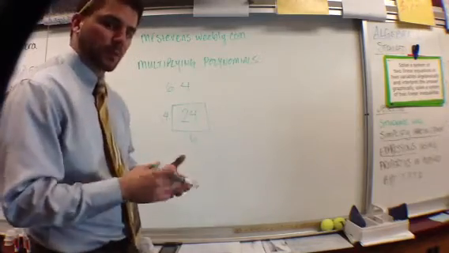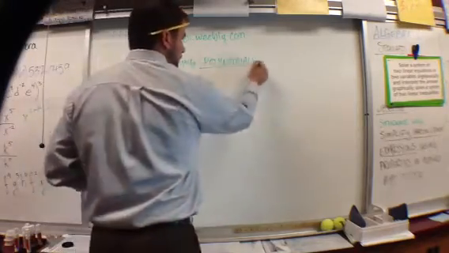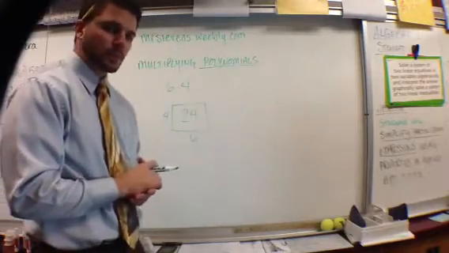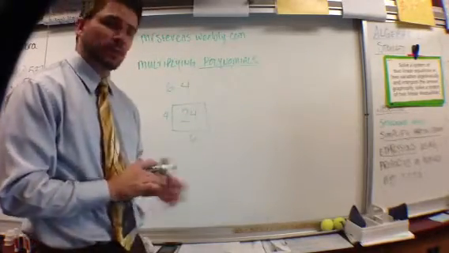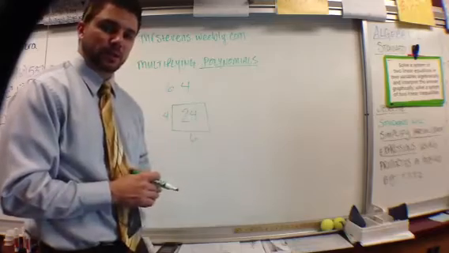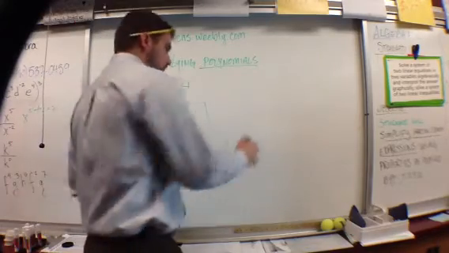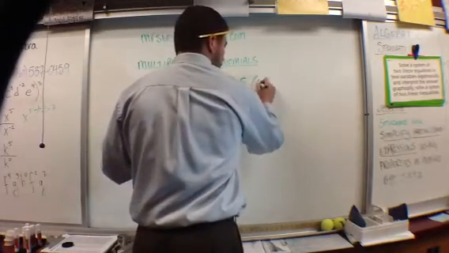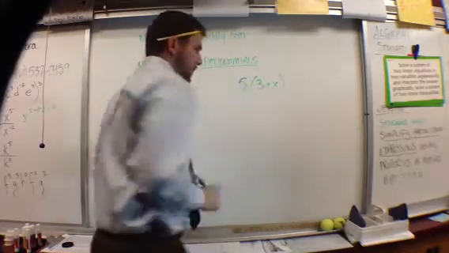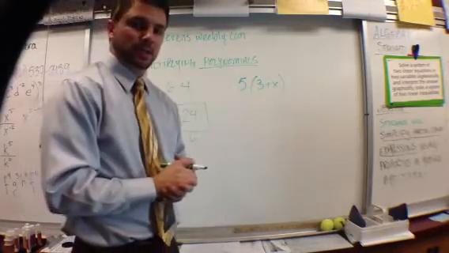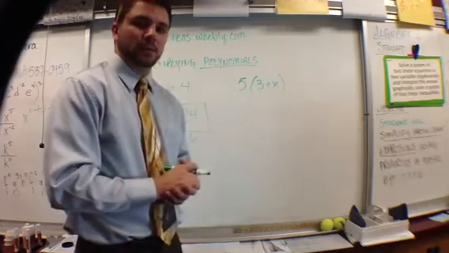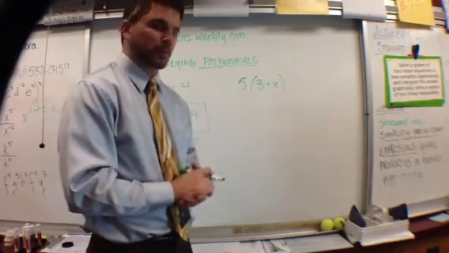Where we're going to get more complicated is when we bring in the polynomial section. So what we do when we have a polynomial is we set up an area model just like we have here. So we have 5 times 3 plus x. This is multiplying a monomial times a binomial.